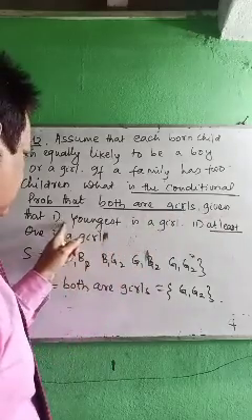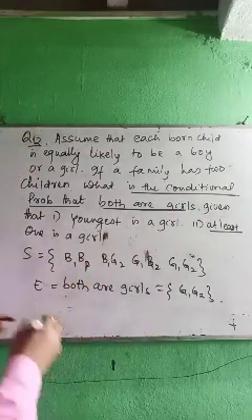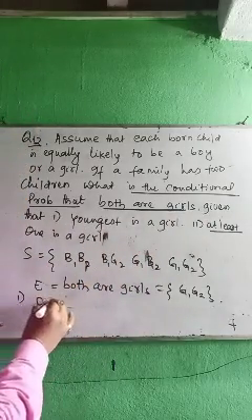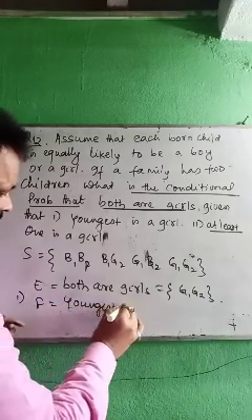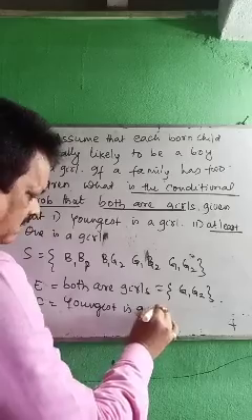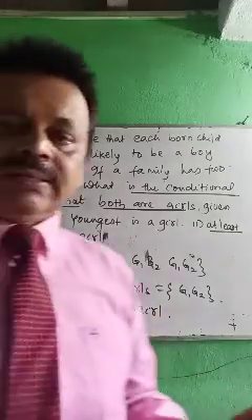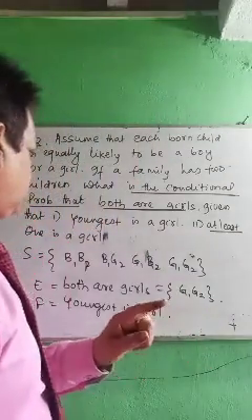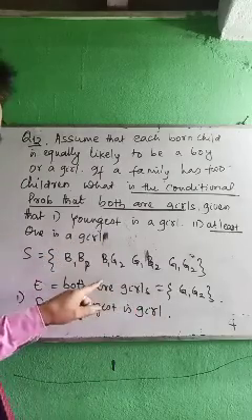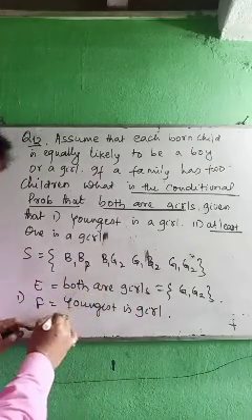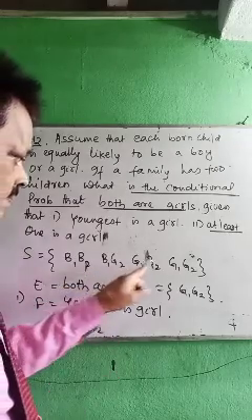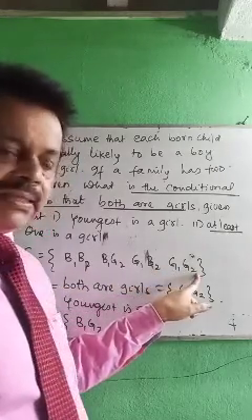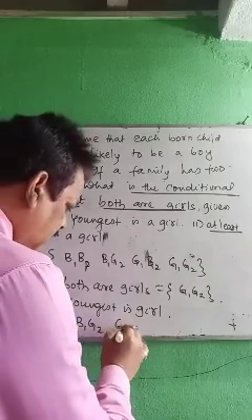Given that means this is F for you, first part. F is youngest is a girl. Youngest is girl means the second child is girl. You can look at here, second child means you can take B1, G2. This is also second child is girl, G1, G2.